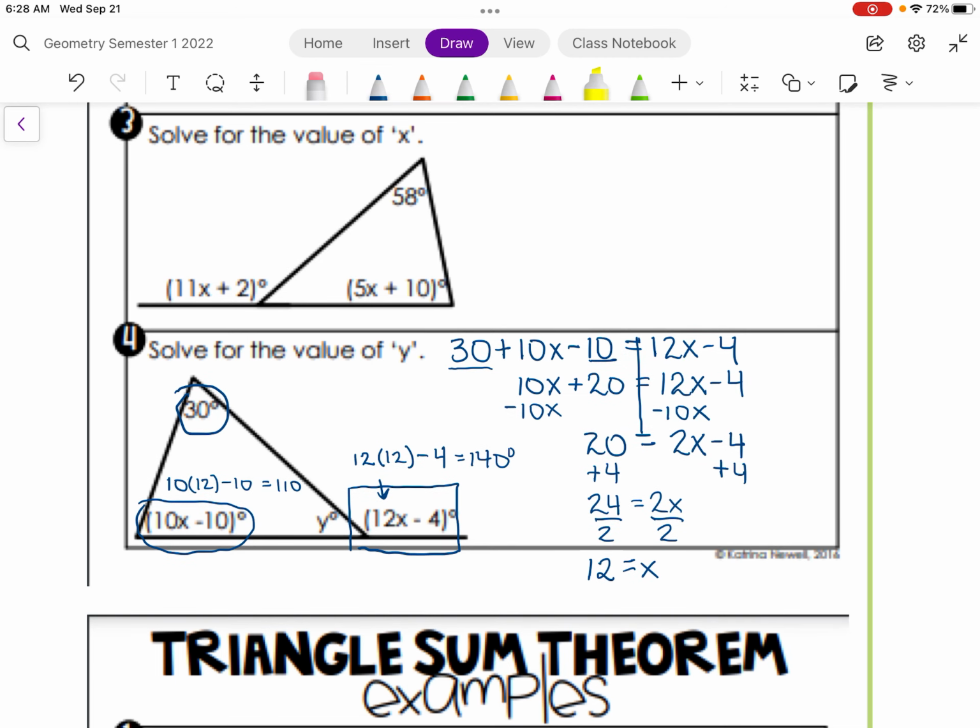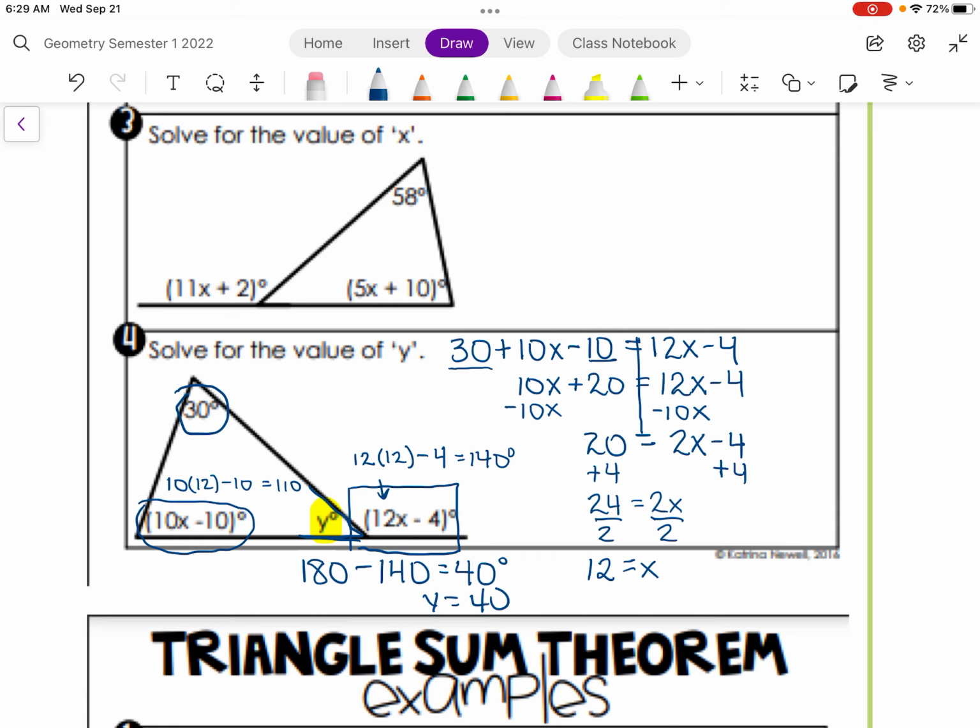And then we use some reasoning here. If we look, this angle around y and the angle that we just found, which is 140, are a linear pair that make that equal to 180 degrees. So 180 minus 140 equals 40 degrees. So y equals 40. Okay.